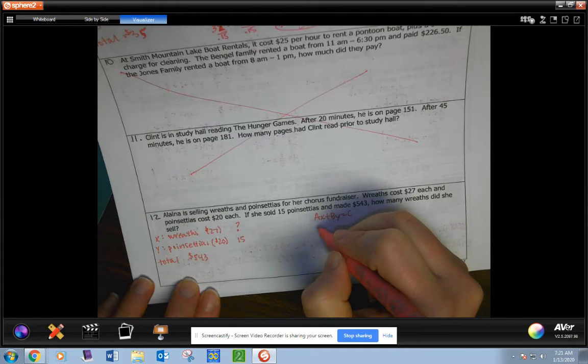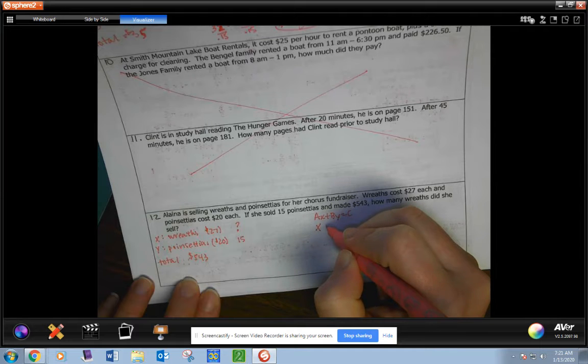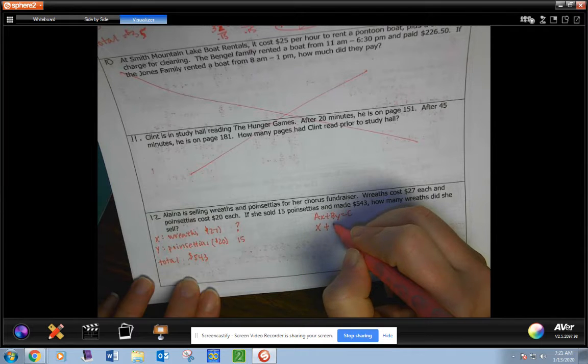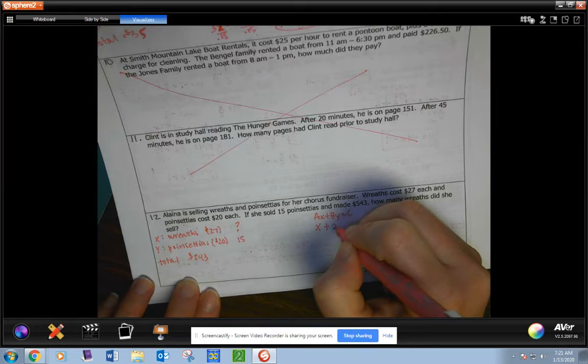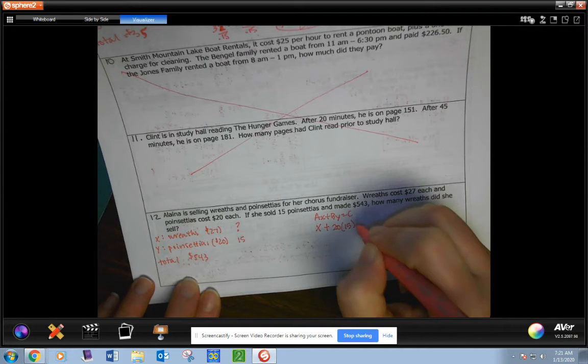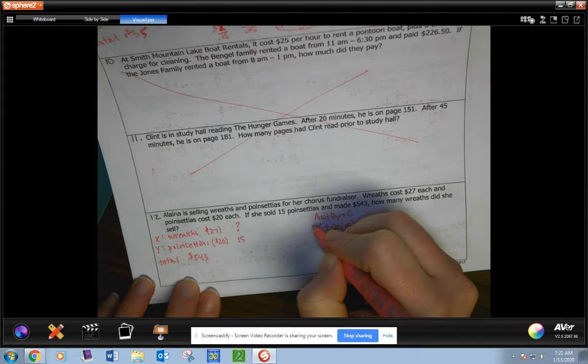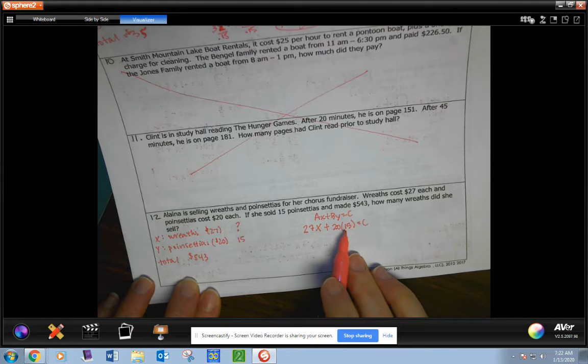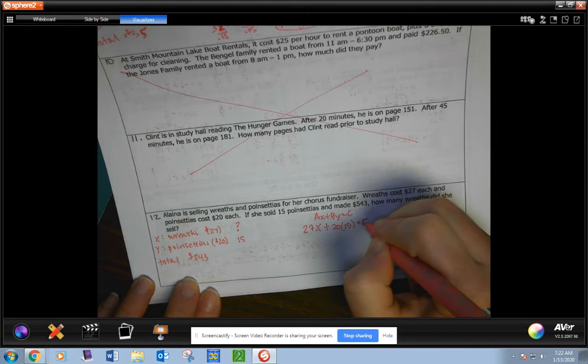We don't know how many X's there are, so we just leave X. Plus, we do know that it's $20 for a poinsettia, and there's 15 of them, and it equals C. Since I don't know how many X's there are, I know that they cost 27 bucks. So 27X plus 20 times 15 equals C, which would be 543, the total.